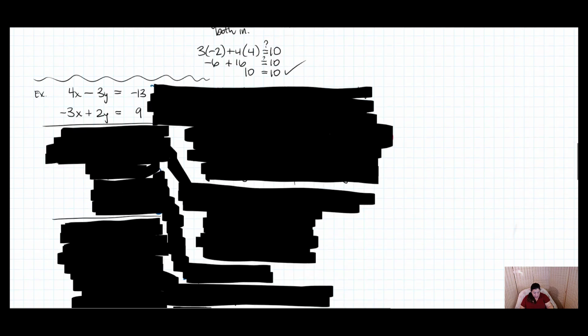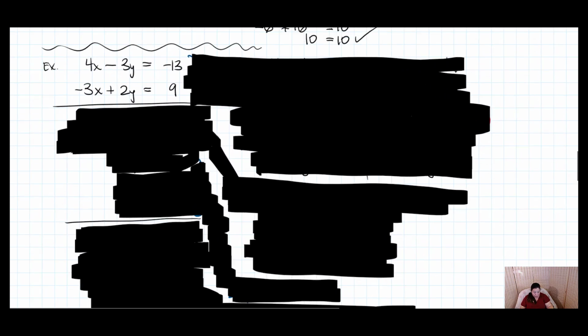So let's look at another example. This one is going to be slightly different because you have coefficients that do not match. So if you look, these two coefficients, 4 and negative 3, don't work together. If you were to add them together, they wouldn't cancel each other out. And 3 and negative 2 will not cancel each other out either.